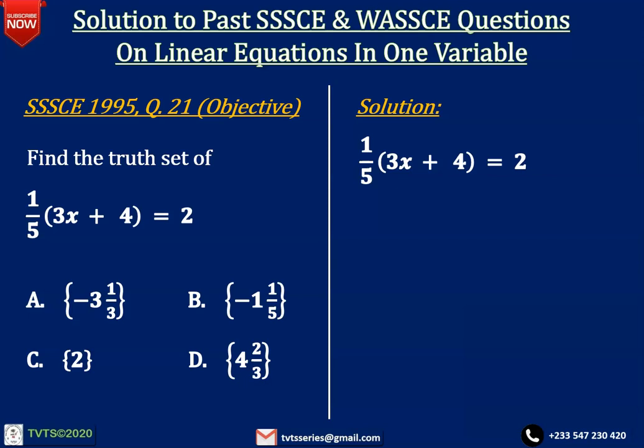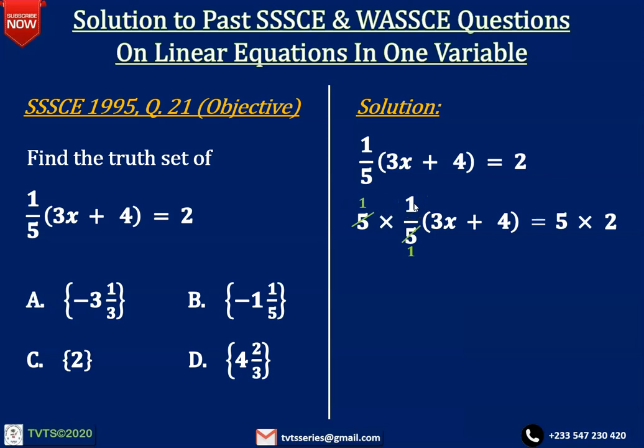So we have 5 times 1 over 5 into bracket 3x plus 4 is equal to 5 times 2. 5 into 5 is 1. 1 times 1 is 1.